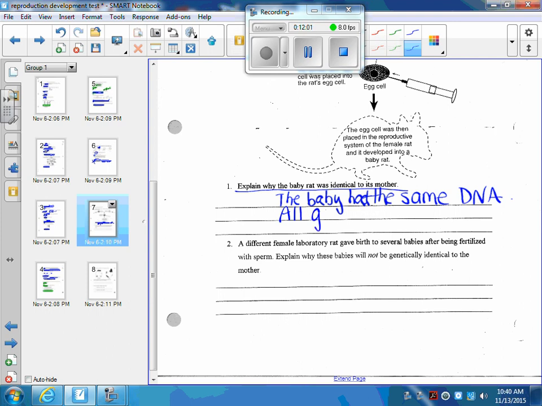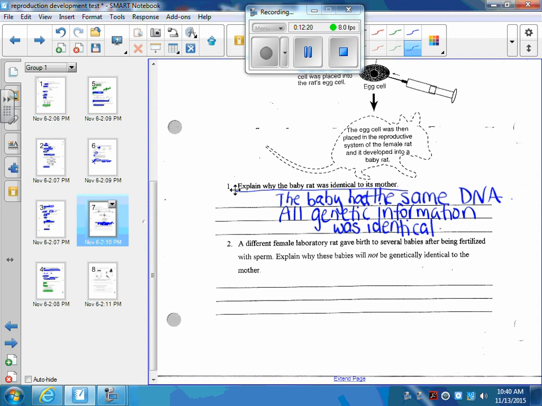It was reproduced by asexual reproduction. You had to explain this. If you use information from this paragraph or from the little diagram, you didn't answer it correctly. You have to give extra.